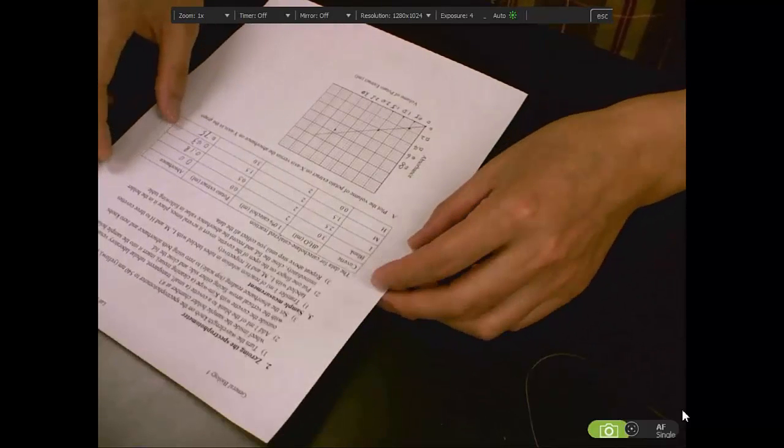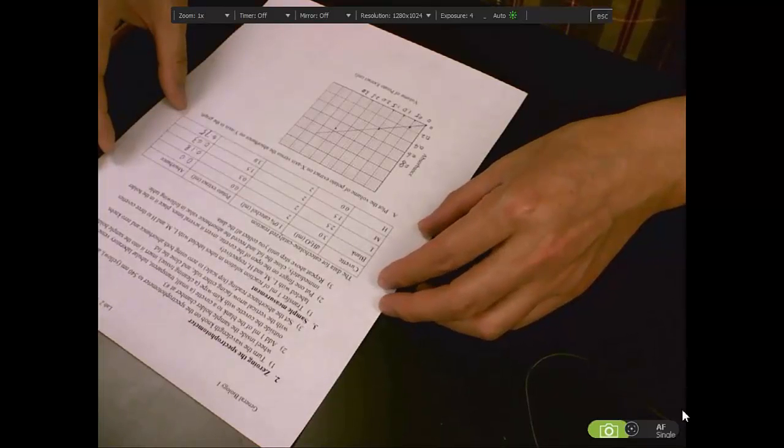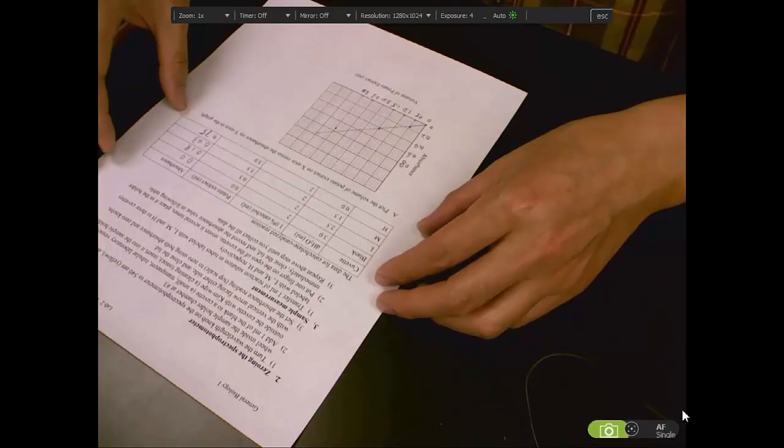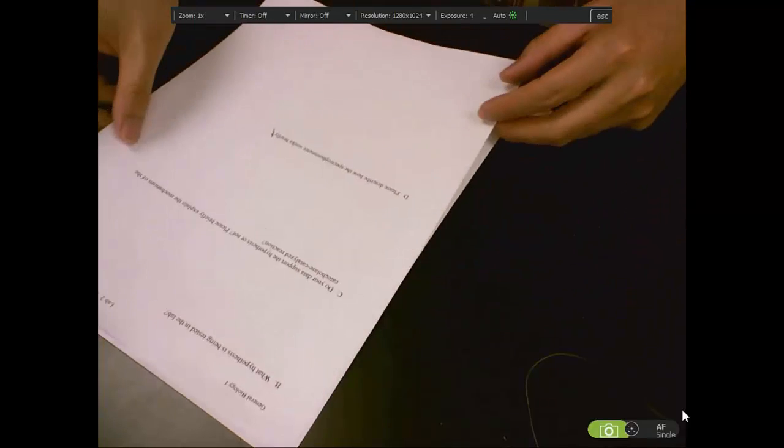And this is how you finish the first question: plot the volume of potato extract on the x-axis versus the absorbance on the y-axis in this graph. Now, with this information and the information from the lab, you are able to finish the rest of the questions, which are B, C, and D.